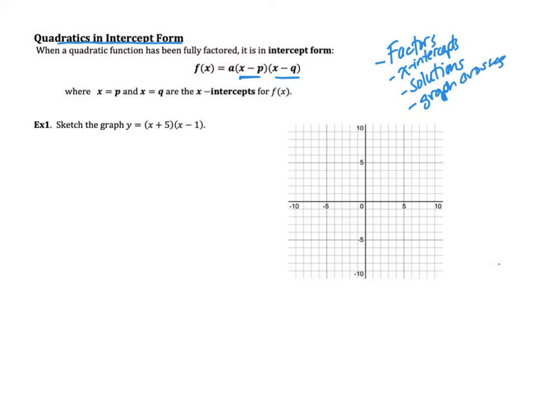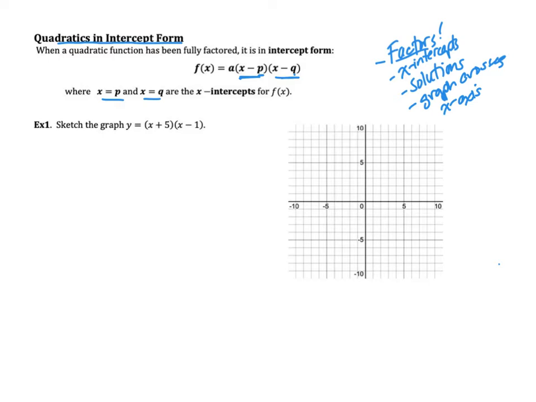So all of these things are related to factors right here. So p and q would be factors, right? If we use the zero product property, then we would solve for x and we would get our x-intercepts.